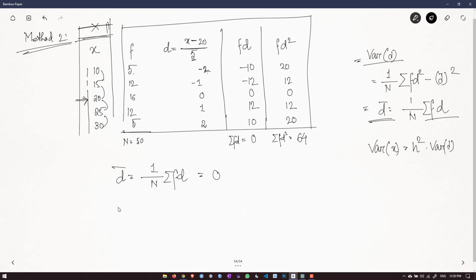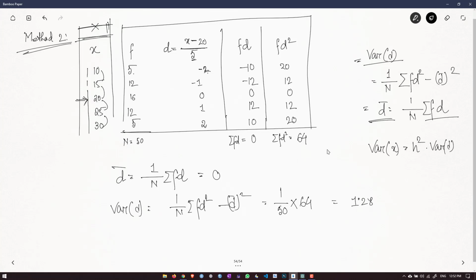So d bar is 0, and variance of d is equal to 1 by n summation fd square minus d bar whole square, which is 1 by 50 into summation fd square, which is 64. Now d bar is 0, so we don't have to write it. This is equal to 1.28. So we got variance of d as 1.28.